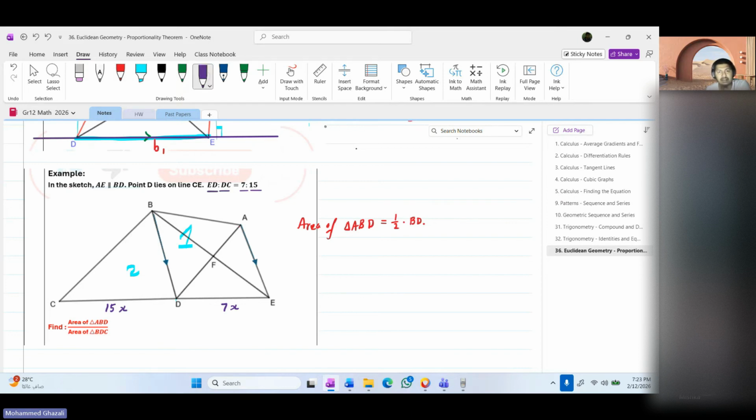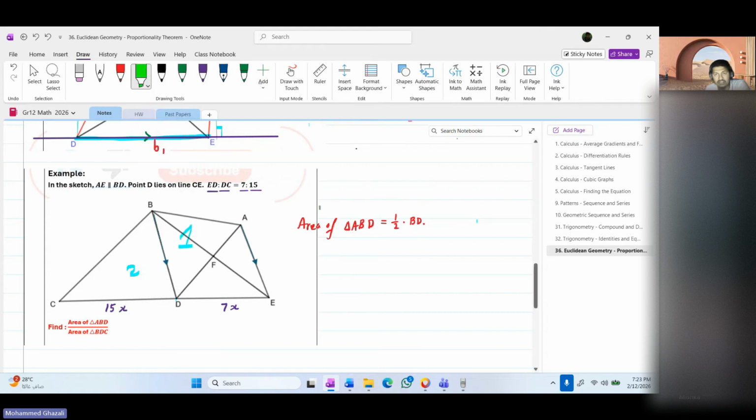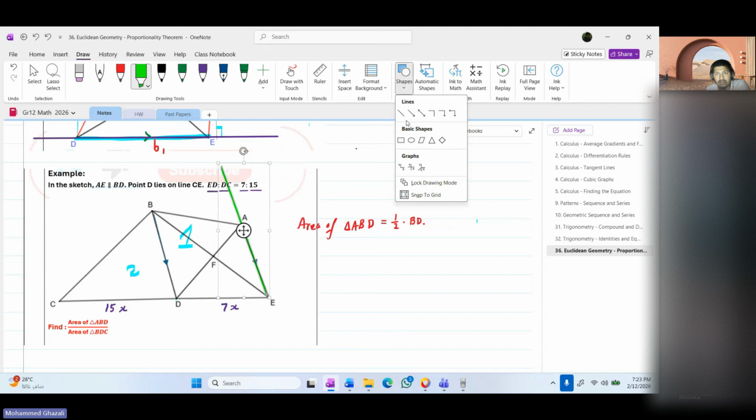Let me extend this parallel line here so you can also see it, because I'm using the concept of same base, same height, okay?